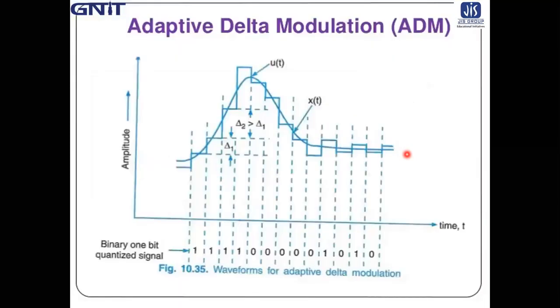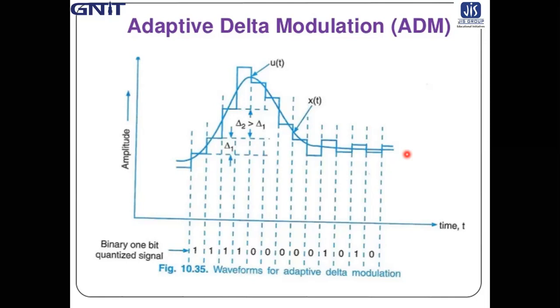Now, what is adaptive delta modulation? To remove the slope overload and granular noise, adaptive delta modulation comes. Here the step size varies according to the slope of the input signal.